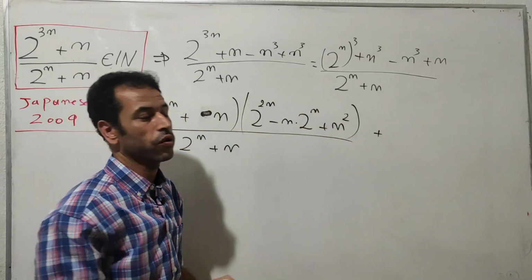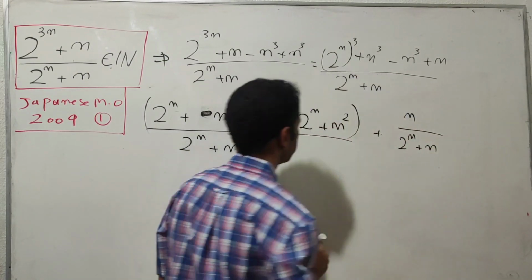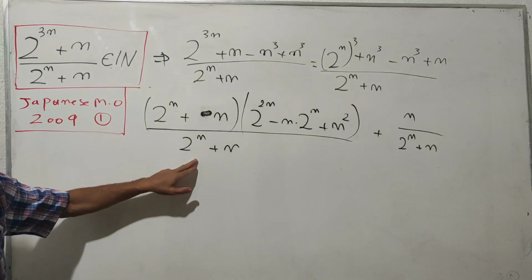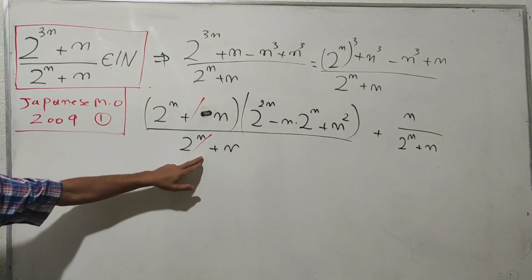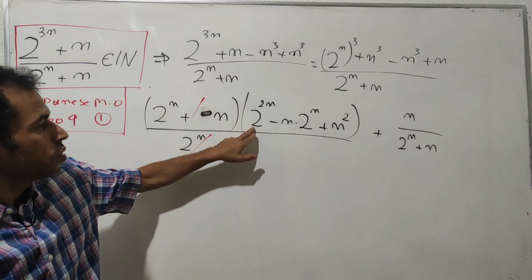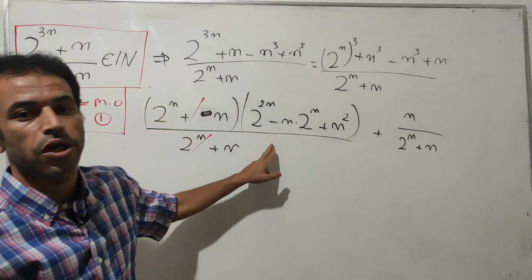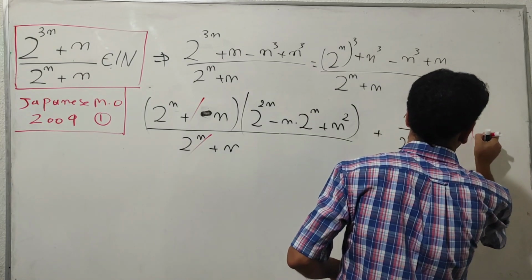So I get n over 2 to the n plus n. Okay, here is a nice thing: this one and this one are going to cancel out because we get the same number here. So now I get this part plus this part. This part is already an integer. This one also must be an integer or natural number.